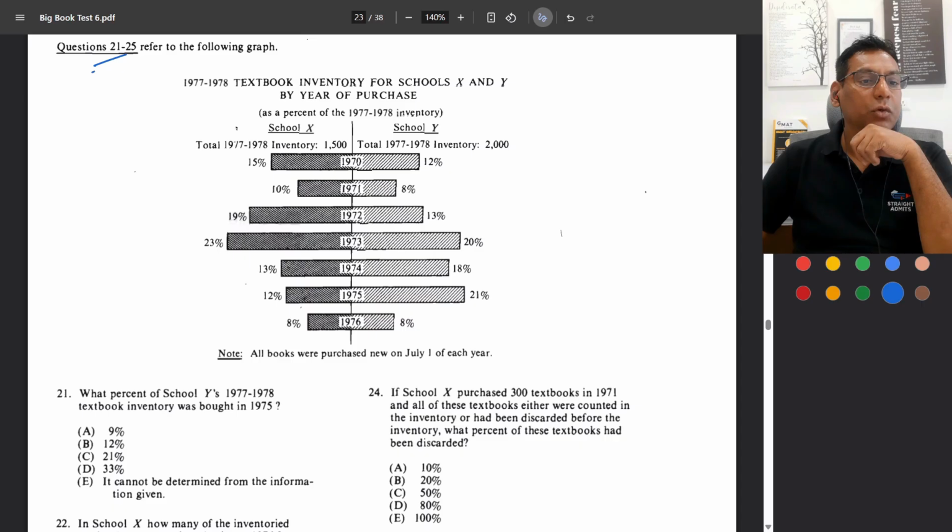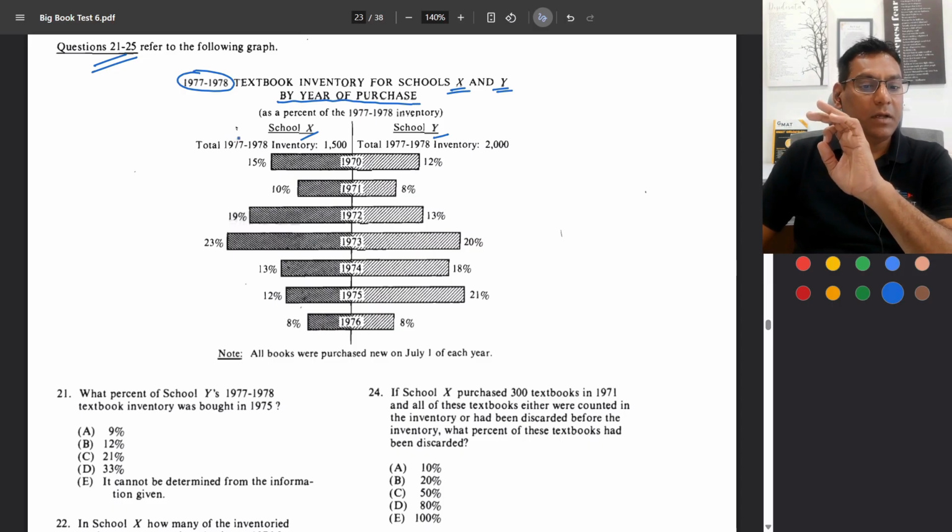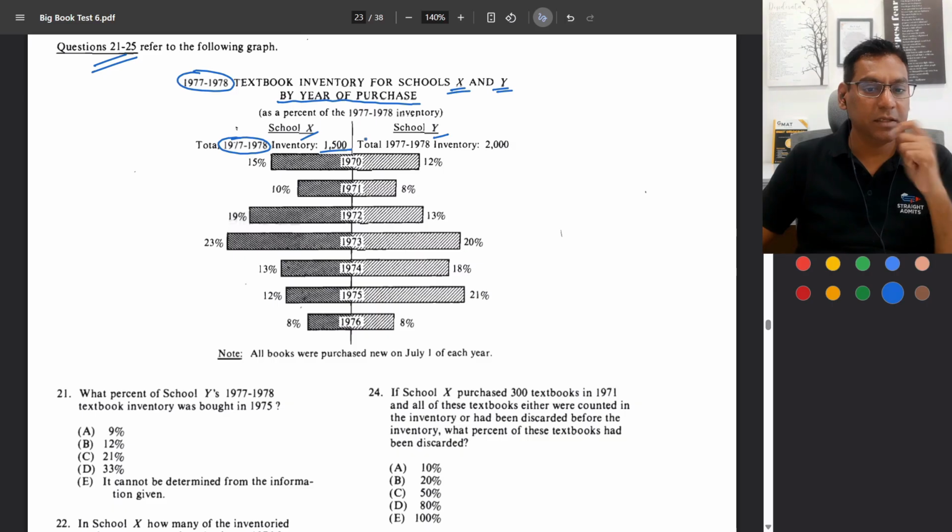Okay, let's look at questions 21 to 25. 1977, 78. Some kind of a time thing. Textbook inventory for schools X and Y, by year of purchase. So what they're saying is, in 1977-78, the inventory for school X was 1500 books.